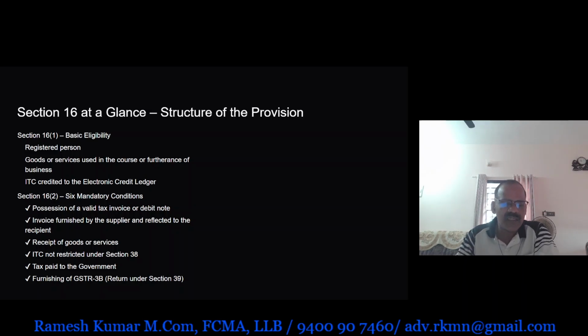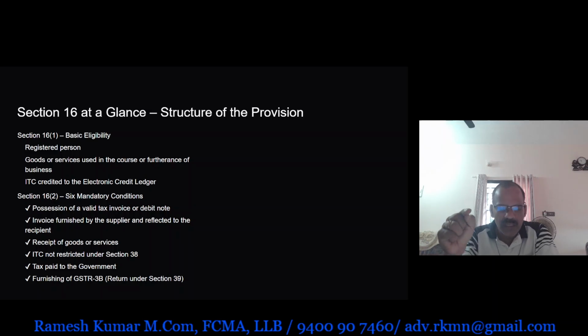Then comes section 16 subsection 3. It prevents double benefit by prohibiting both depreciation on the GST component and ITC, the dual benefit. Finally, subsection 4, which prescribes the time limit for claiming ITC.